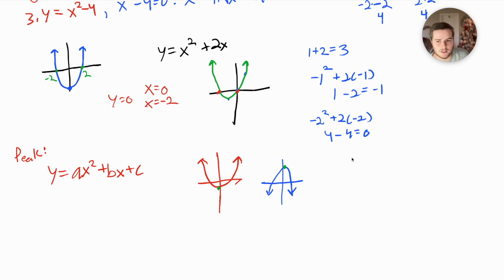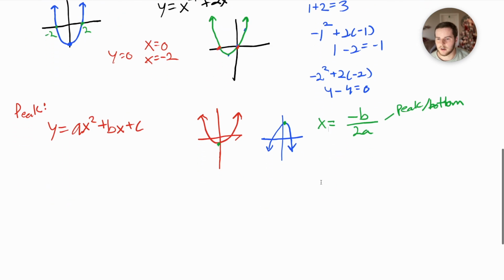A quick way to find that is this form, -b over 2a, and that's just going to be the peak or the bottom. And we're going to say x equals, because this is going to give us an x value, and you can plug that x value into the equation to find your y value.